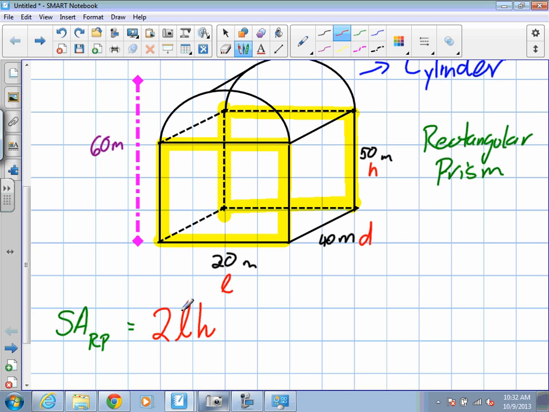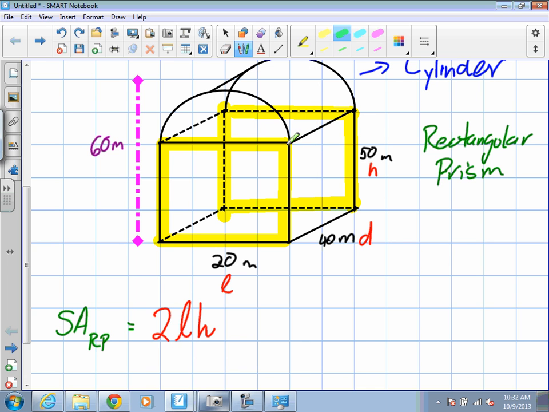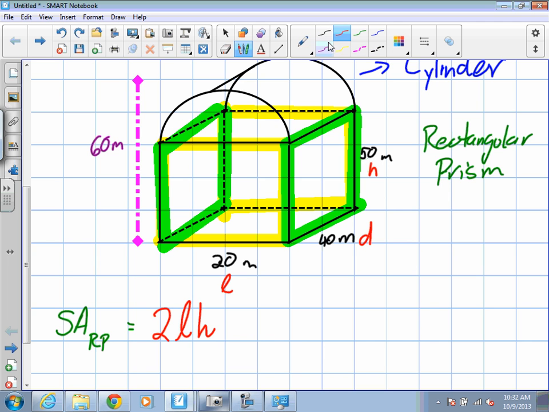So those are the yellow faces. For the green faces, similar idea. What sides will we be multiplying for those? The D and the H. Okay, so D times H, and how many are there?